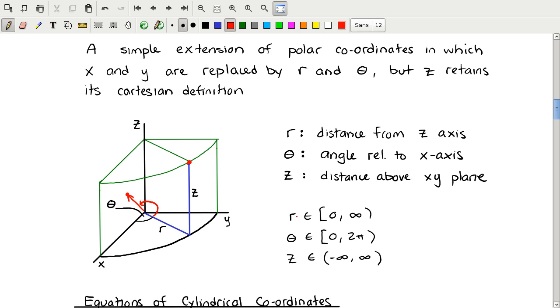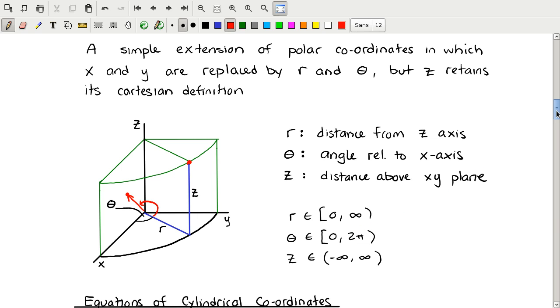So in cylindrical coordinates, as in polar coordinates, r is typically considered positive. Theta then goes from 0 to 2 pi, not including 2 pi, because 2 pi is the same as 0. It's periodic in theta, and once I get to 2 pi, I've wrapped back around to 0. And so if we're choosing a coordinate, we typically choose a value of theta between 0 and 2 pi.